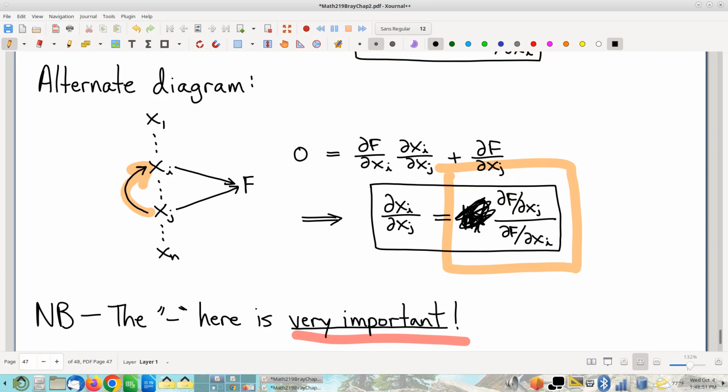Suppose you just leave that off, right? And you say that this partial is equal to this thing because after all, can't you just say that the partial f and this partial f cancel? And can't you just say then that the denominator of the denominator becomes the numerator, which is in fact where it's supposed to be? It's very tempting, right?